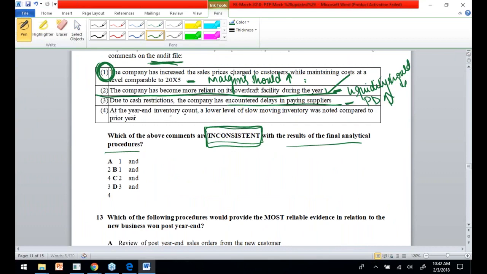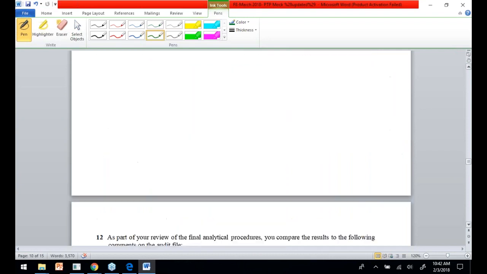At the year-end inventory count, a lower level of slow-moving inventory was noted. If there was a lower level of slow-moving inventory, inventory was sold quickly. If inventory was sold quickly, inventory days should have decreased.